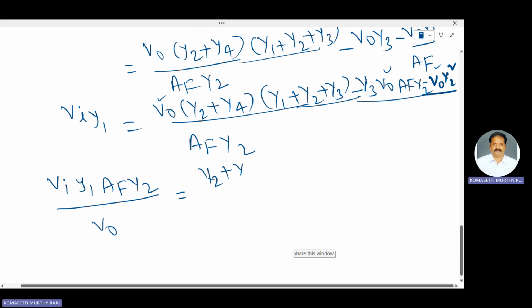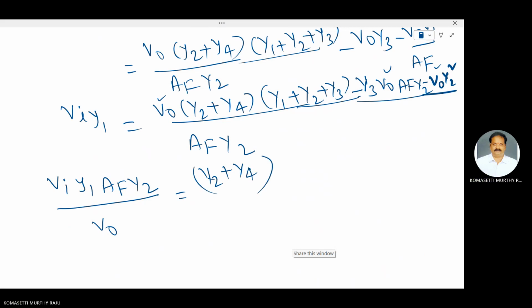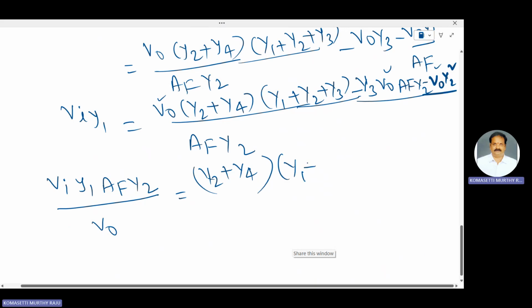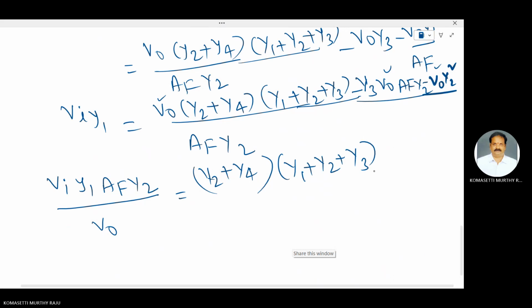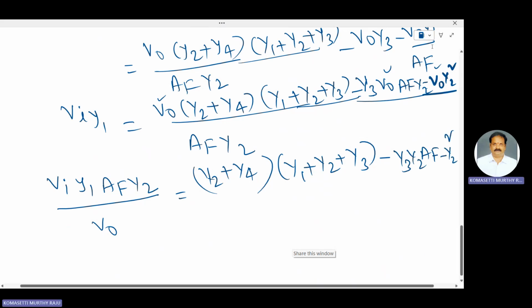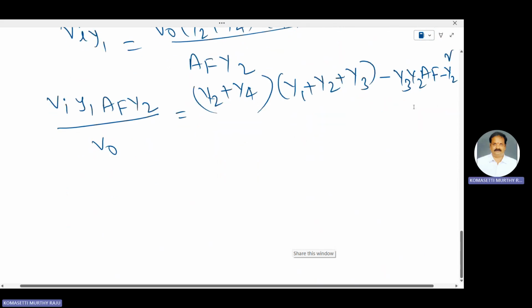(y2 + y4) into (y1 + y2 + y3) minus y3 y2 AF minus y2 square. Simplify this expression. Y2 is multiplied with this entire one.